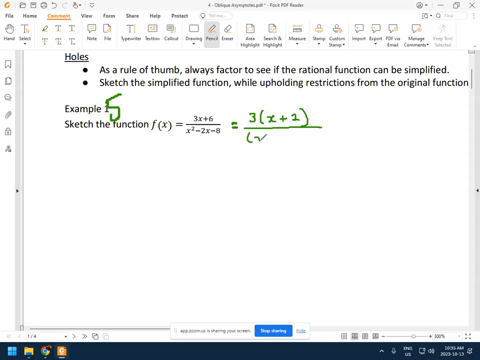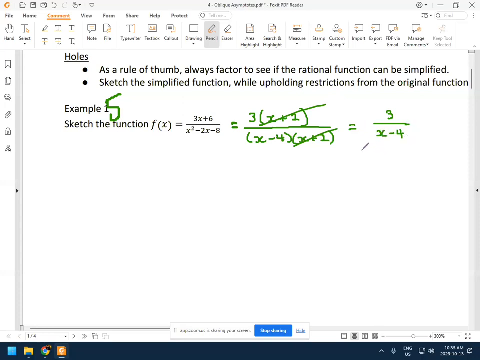And then this would be x minus 4, x plus 2. Just quickly doing a simple trinomial factoring. And lo and behold, yes, we have two factors that happen to be the same. I could divide it. That equals 3 over x minus 4.